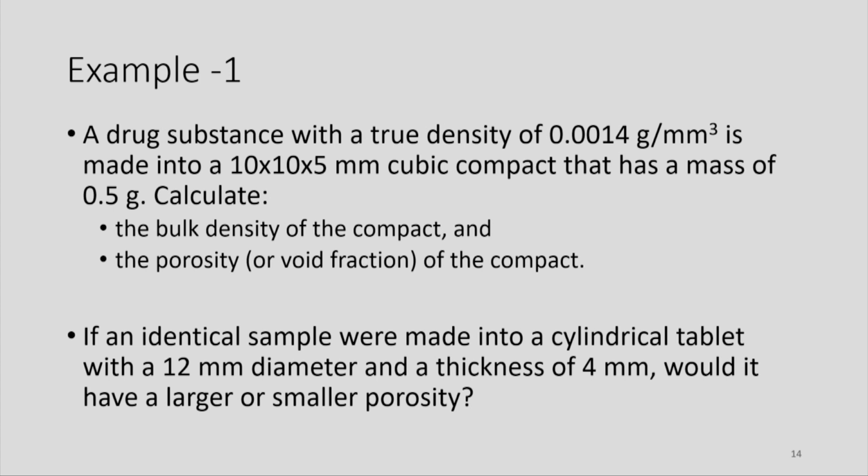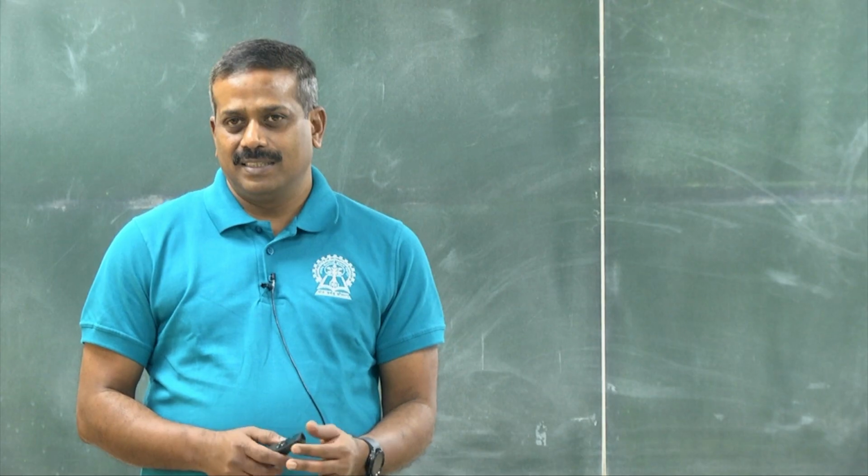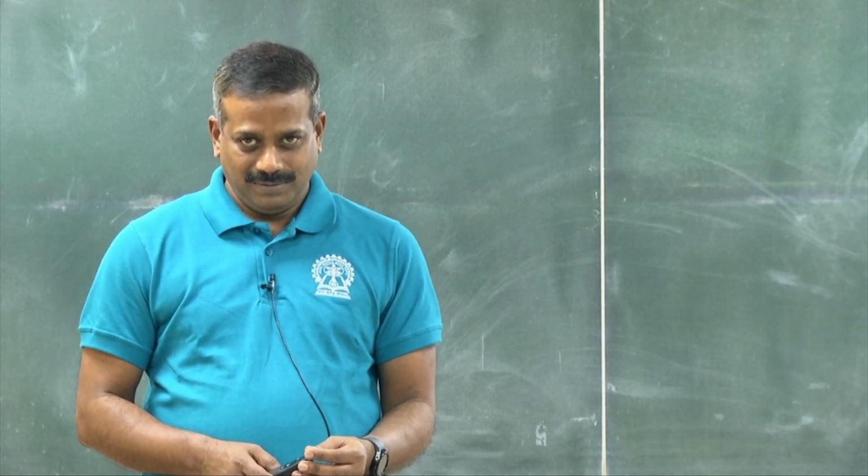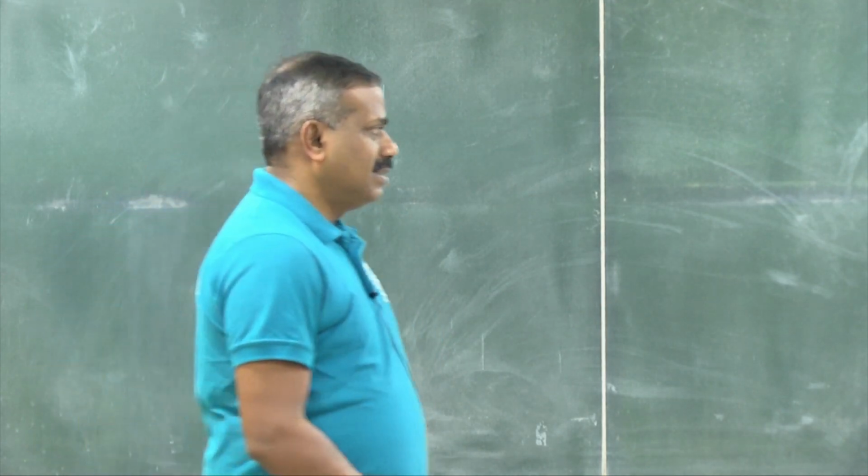The mass is the same, right? So the volume for the cylinder is low, right? It should be about 420 or something, the volume of a cylindrical tablet. So which one will have a lower porosity, cylinder or cube? Cylinder, right? So again, with the change in shape, you'll change the porosity too, okay?